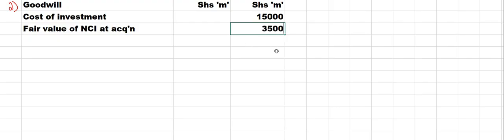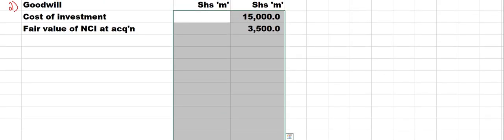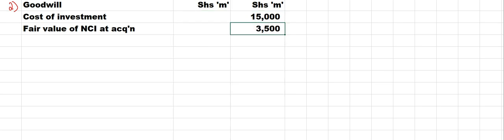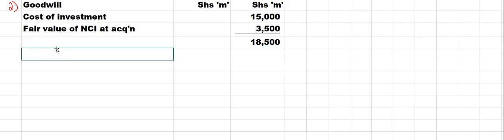So you bring the 3.5 billions. So the aggregate of this is how much? It is 18.5 billions.